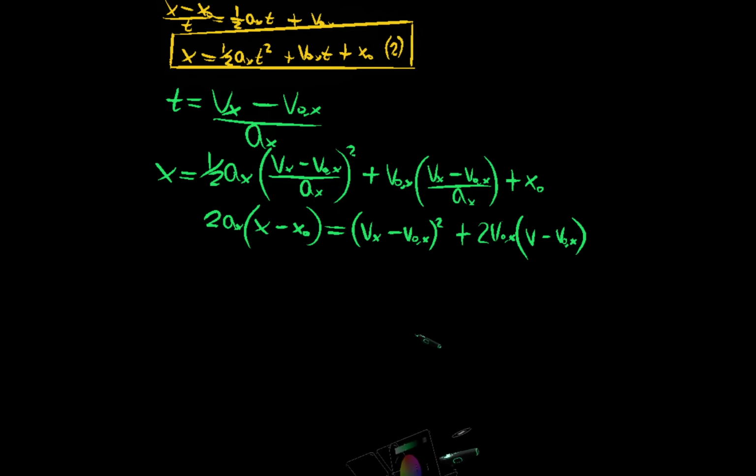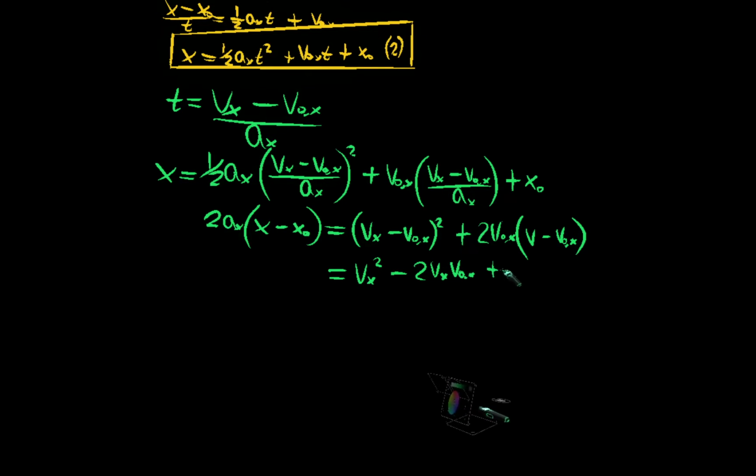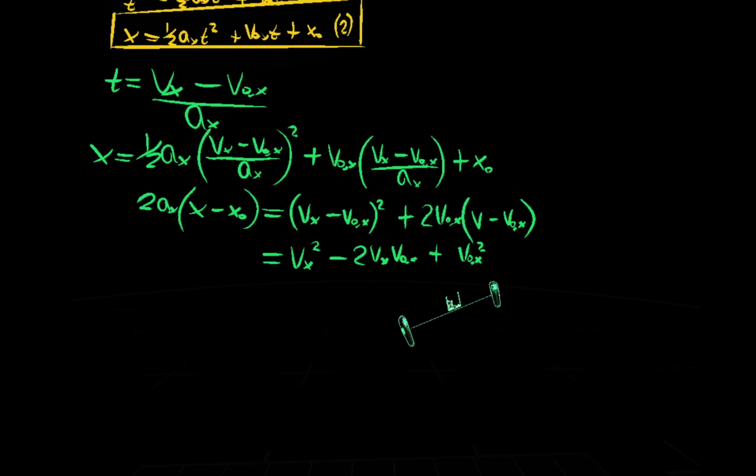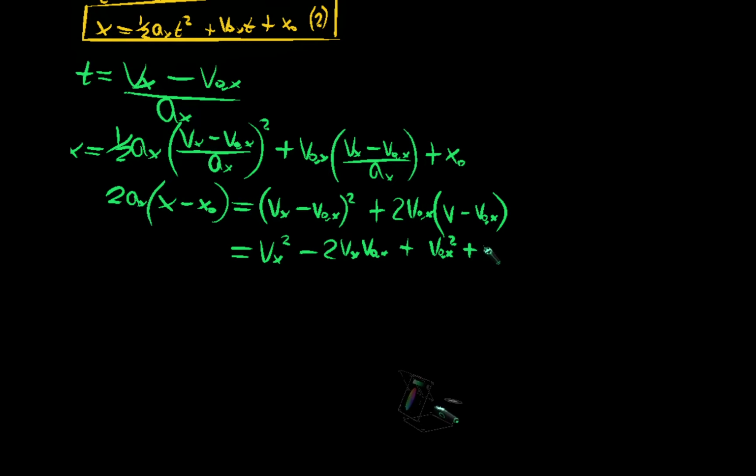All right, which if you simplify a little bit, gets to vx squared minus 2 vx v naught x plus v naught x squared plus 2 vx v naught x minus 2 v naught x squared.